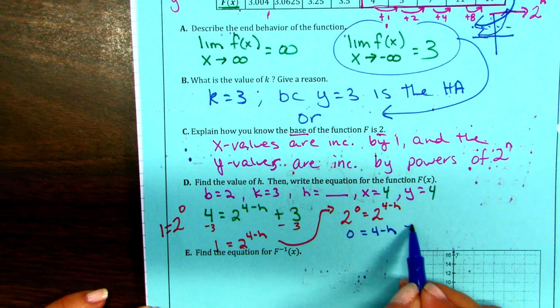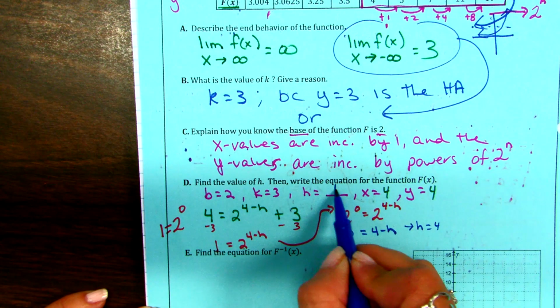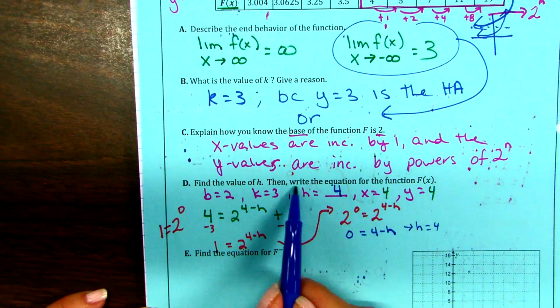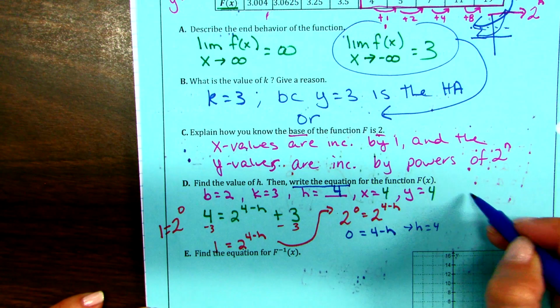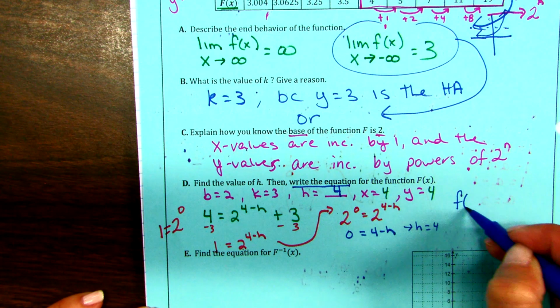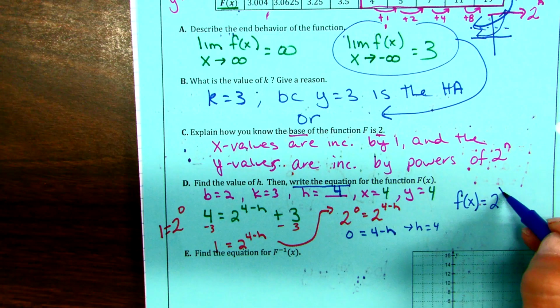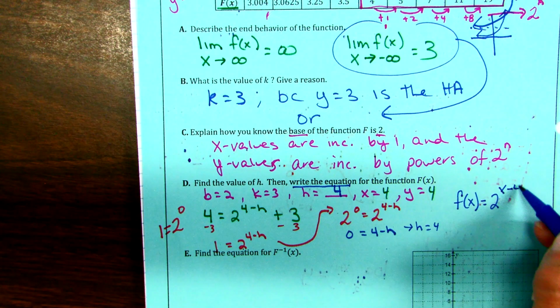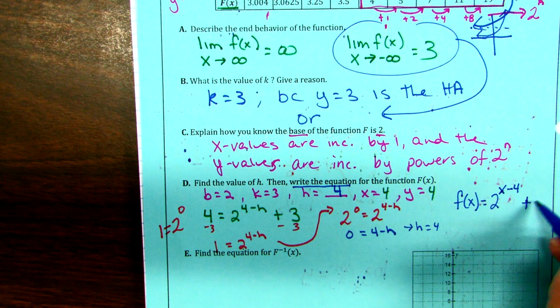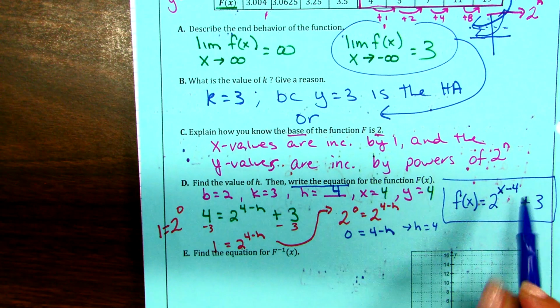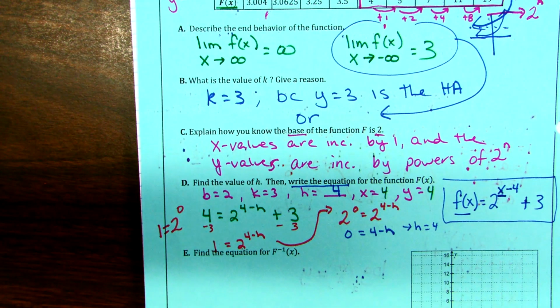And I would get h is 4. Write the equation. F of x equals b to the x minus h plus k. Again, never plugging anything in for x and y in your final answer.